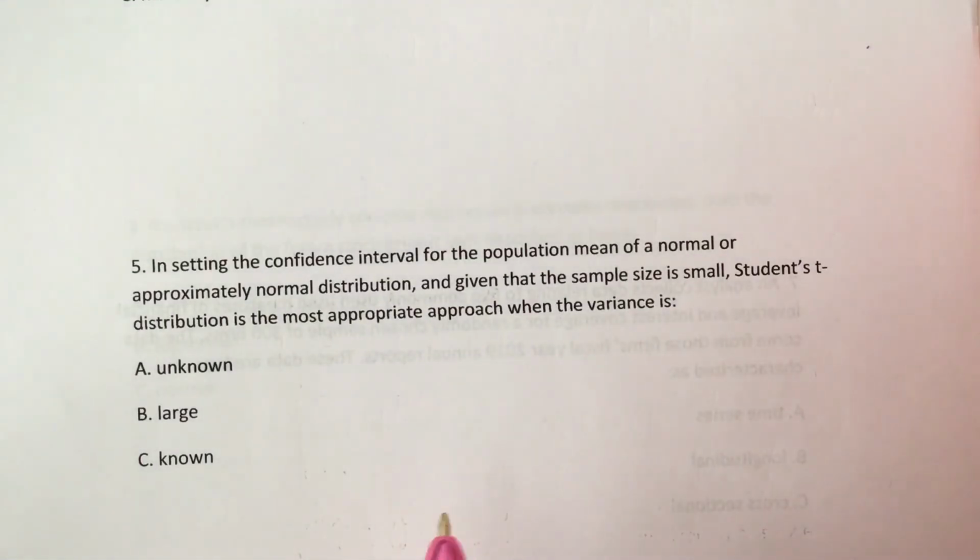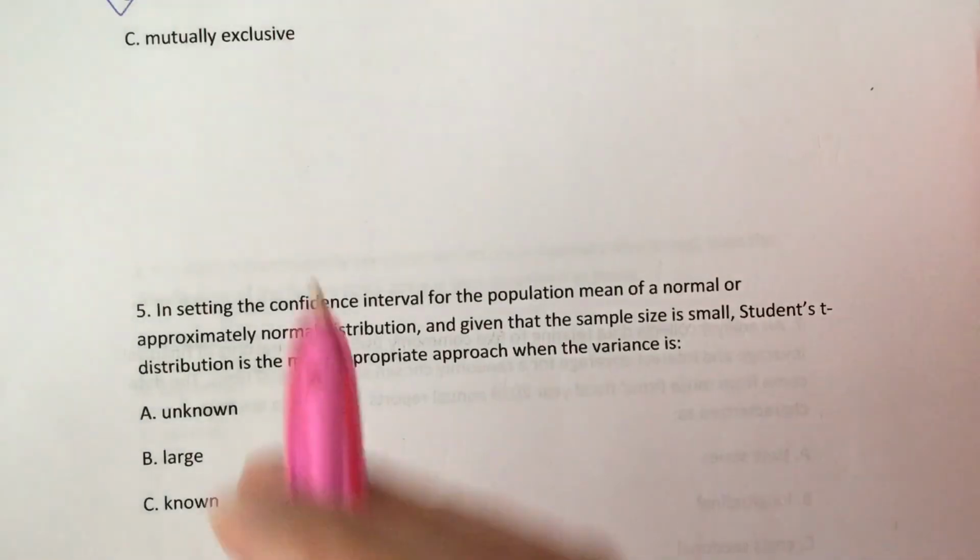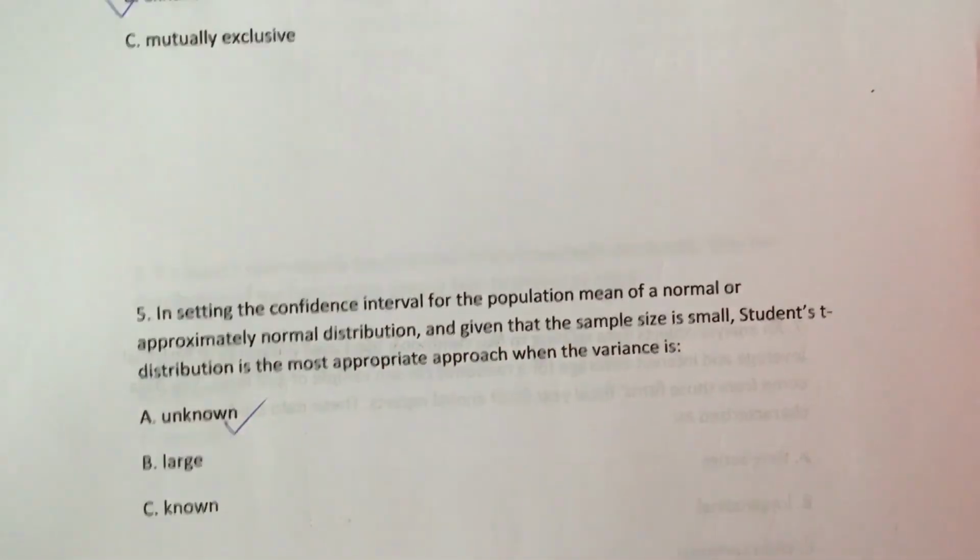So when the sample size is small and the population is normally or approximately normally distributed, the student t distribution is preferred if the variance is unknown. The correct answer is A.